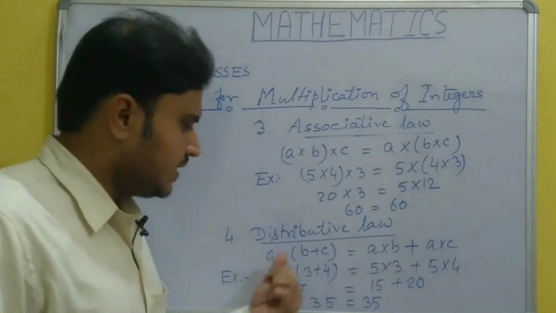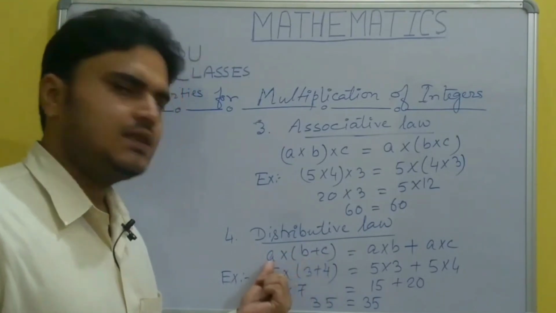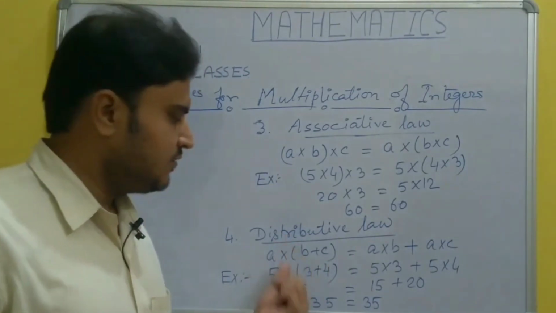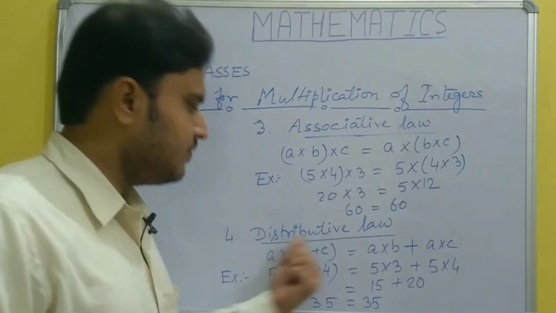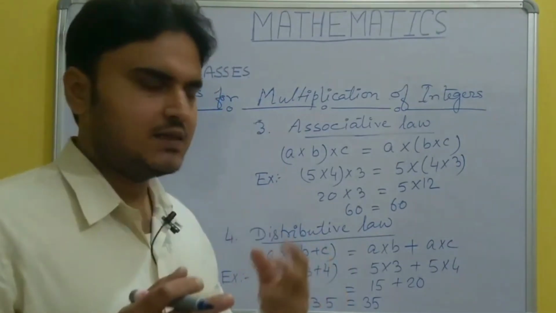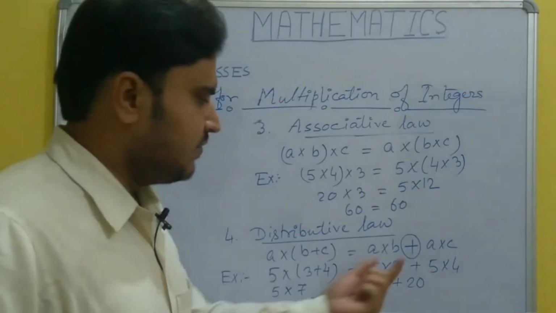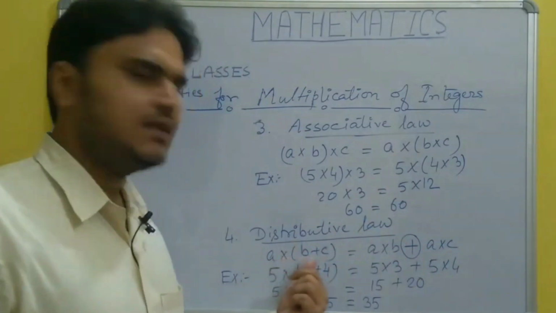That means here the sum of b and c is multiplied with a, and we will get the same result if we multiply a with b and a with c, and the results are added. If we add these two results, we will get the same result as this.